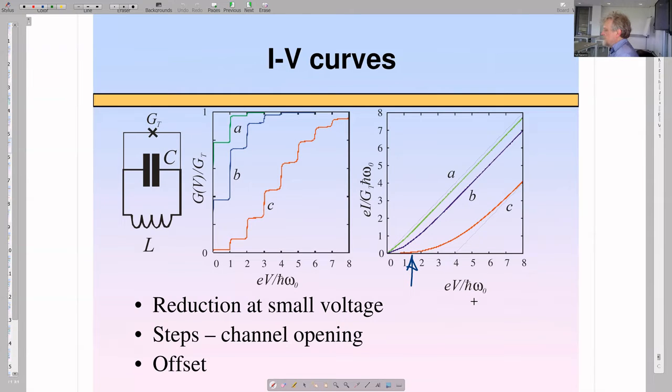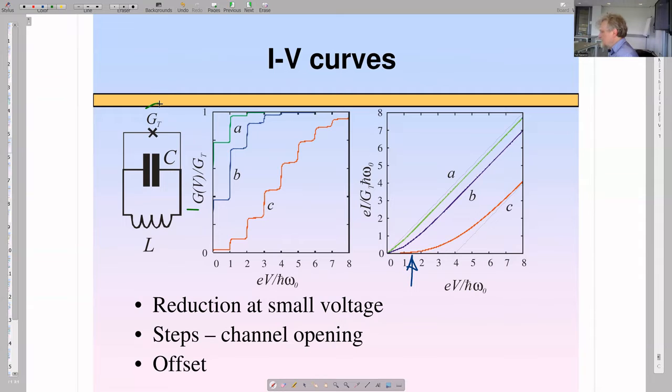Good, so let us now understand the curves for this oscillator. It's good to look at differential conductance. Suppose the voltage applied to this junction is very small. Then the only process which can go is tunneling emitting no quanta at all.